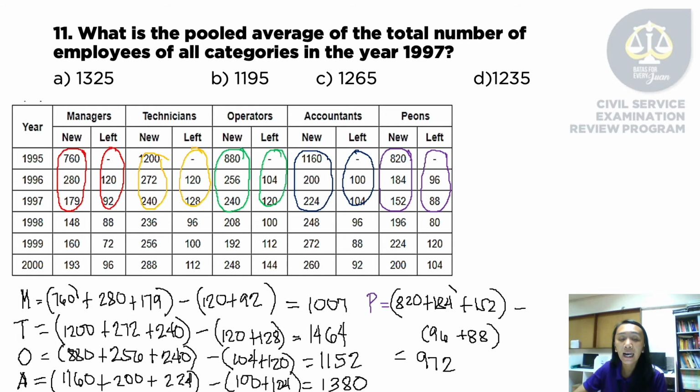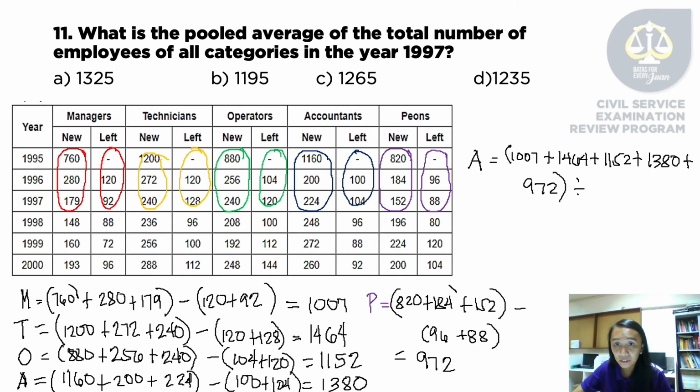Tapos kapag nakuha na natin yung number of employees per category, we will just add this. Add the number of employees and then divide it by the number of categories na meron tayo, which is equal to 5. Okay, so the pooled average will be 1,007 plus 1,464 plus 1,152 plus 1,380 plus 972 divided by 5.